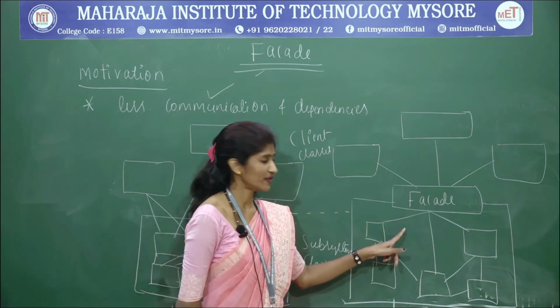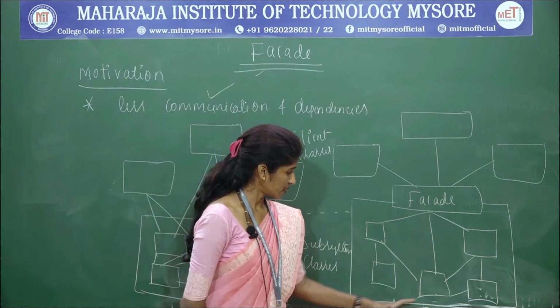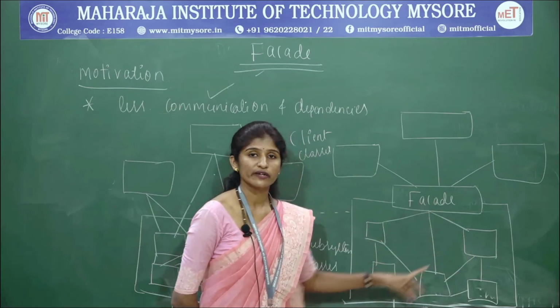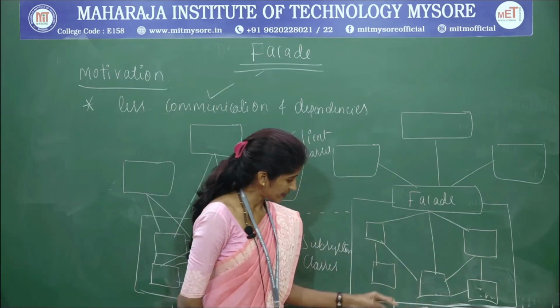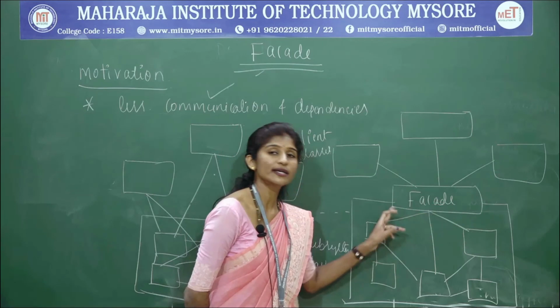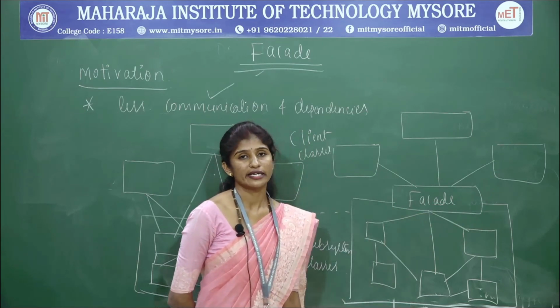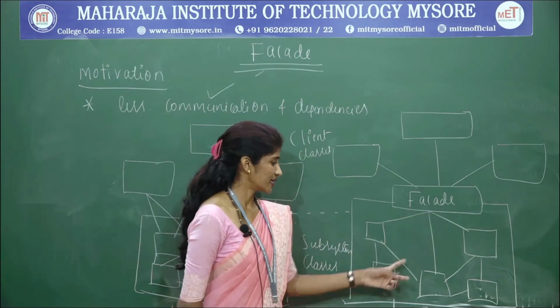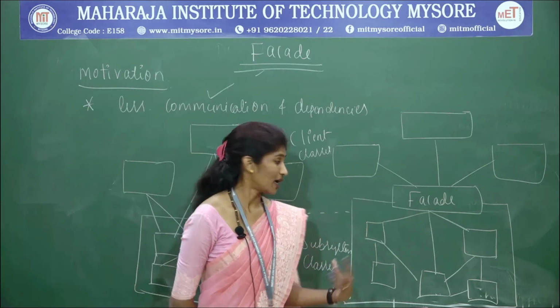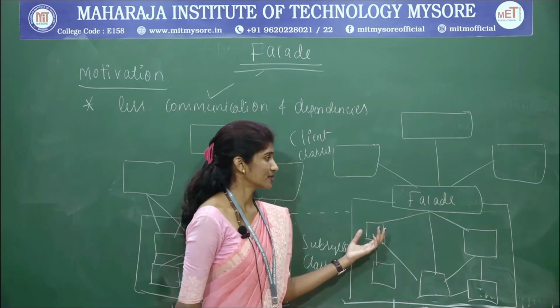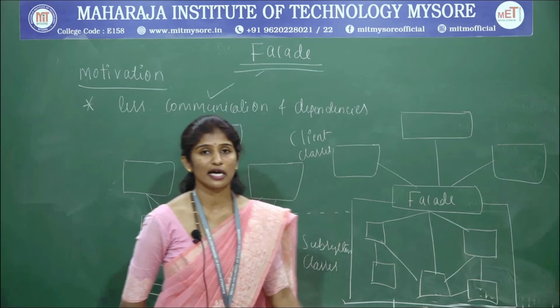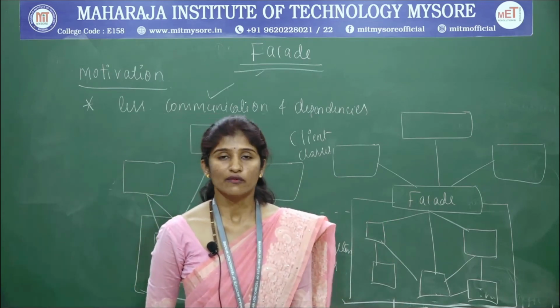You have got so many interfaces here, no? So for a set of interfaces, it is going to provide the unified interface. Okay. That is how it is going to work. By looking at this diagram only, you can analyze how the Facade design pattern is going to work.